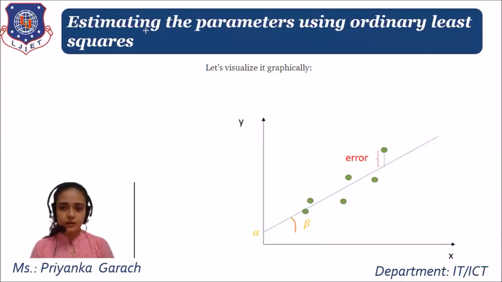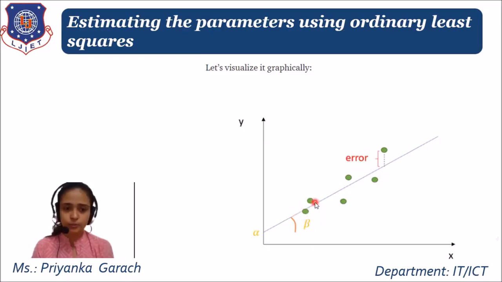You can visualize that this is my data point and this is my regression line. How far is this data point? This vertical distance will be considered as my error. If this green point is on my regression line, on my blue line, the error term will be 0.